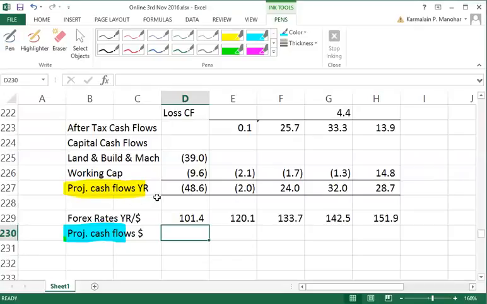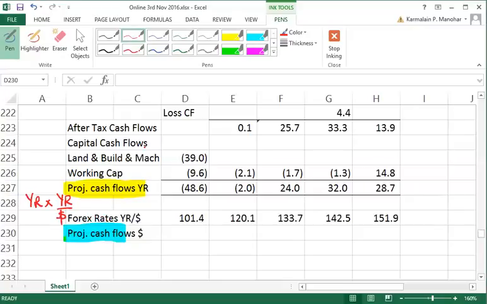Excellent, because again, hold on. If we have here, Anita, a value in YR, and we multiply that by YR over dollars, what would happen? You multiply the base currency.